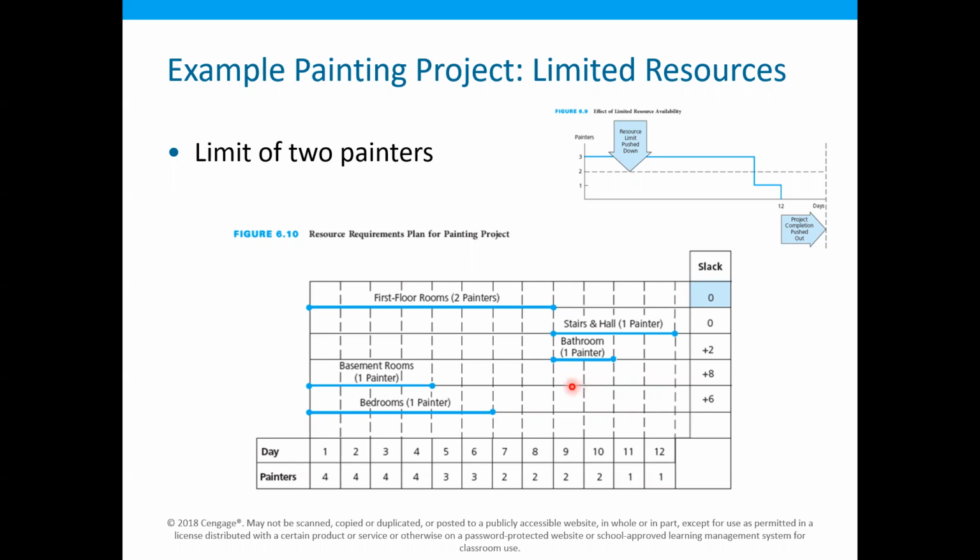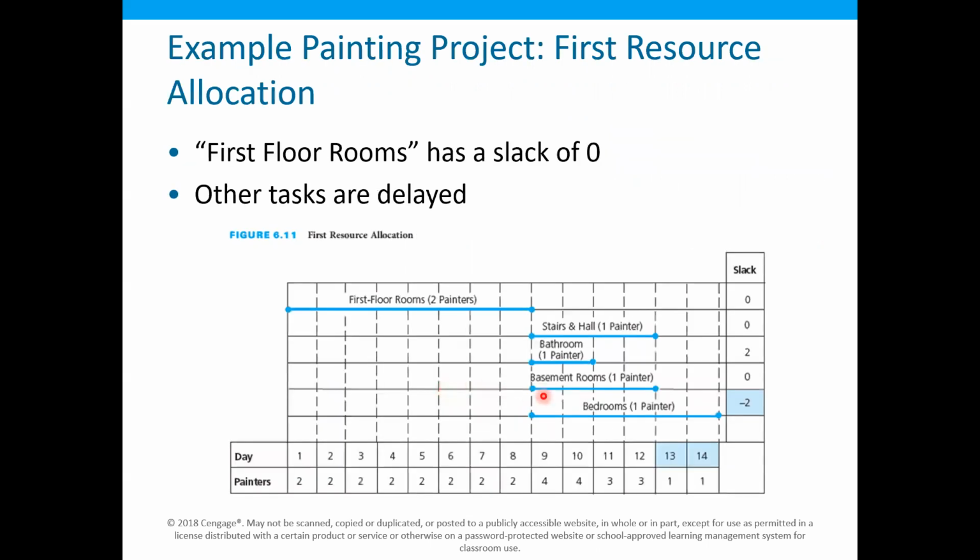Okay, so now let me see what is going to happen with this change. You can see that the slack in this basement room has now reduced to 0, because earlier the slack in this basement room was 8.